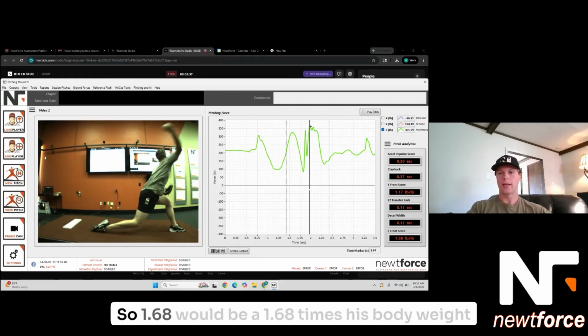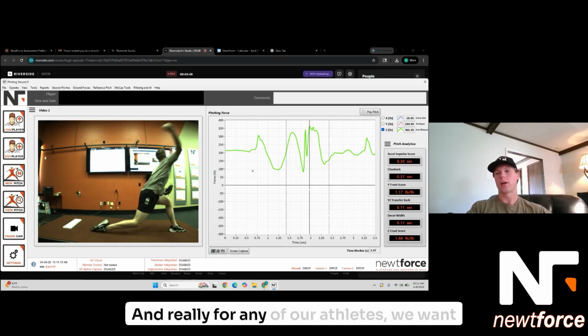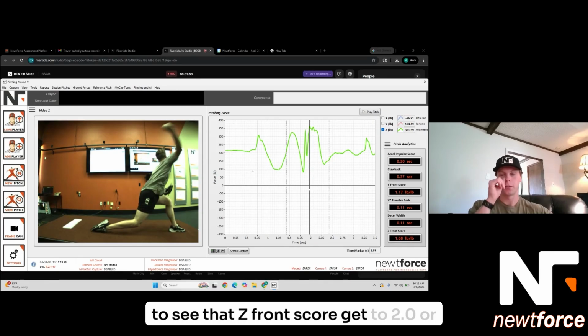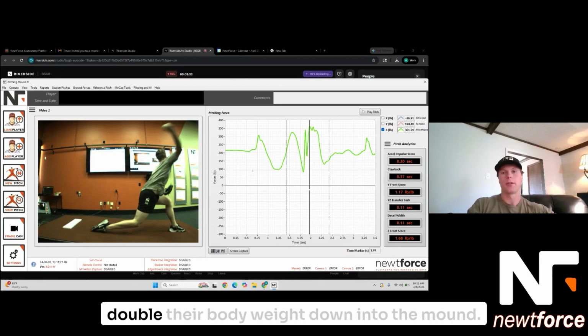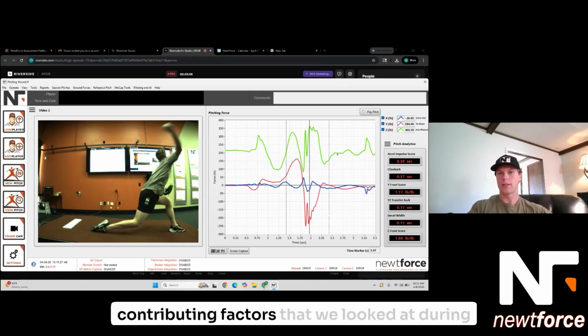So 1.68 would be 1.68 times his body weight down into the ground. For our college athletes, and really for any of our athletes, we want to see that Z front score get to 2.0, or double their body weight, down into the mound.